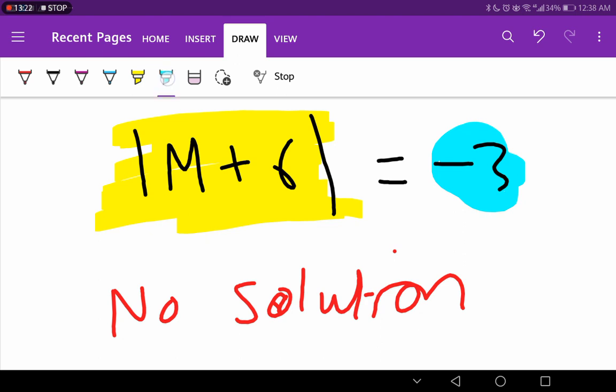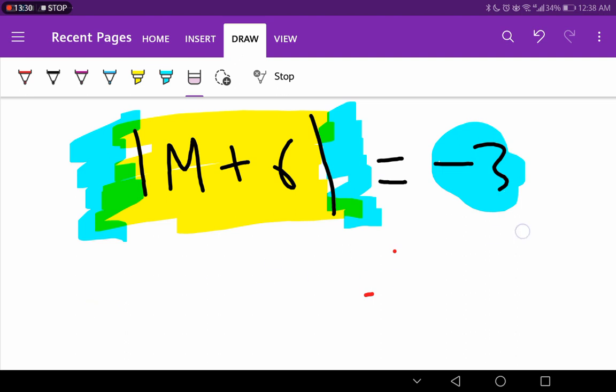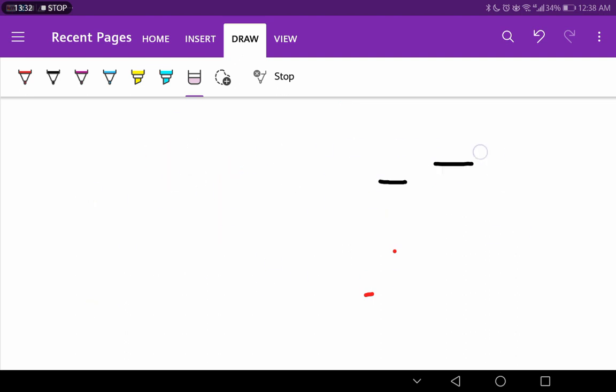But you have to make sure there is nothing around it. You see, clean. So don't break until you make sure there is nothing around the bars and the opposite side is a positive number. Are you happy with that?